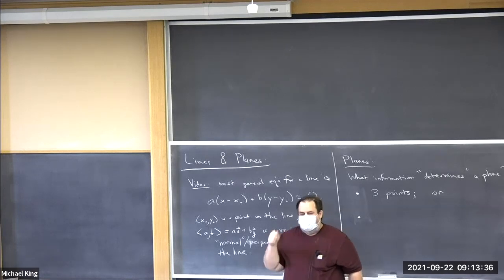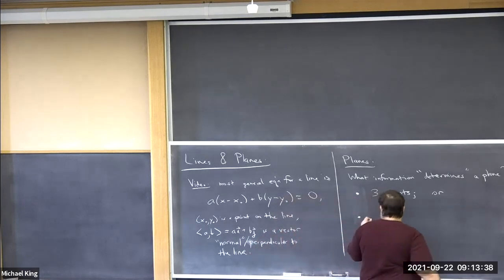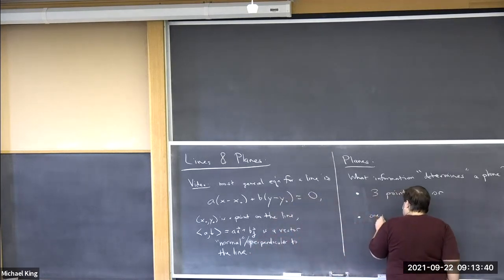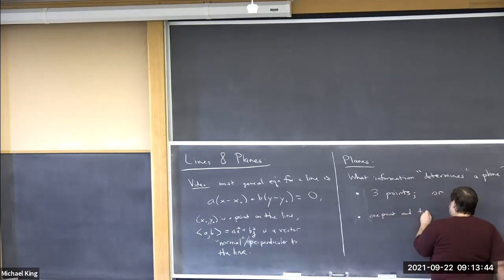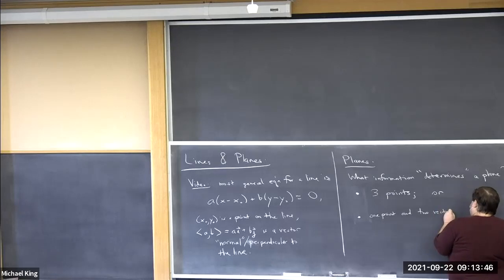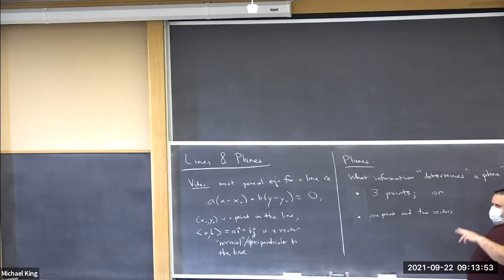Yeah, so one point and two vectors sort of parallel to the plane. I should say two vectors along the plane, and also not parallel to each other.